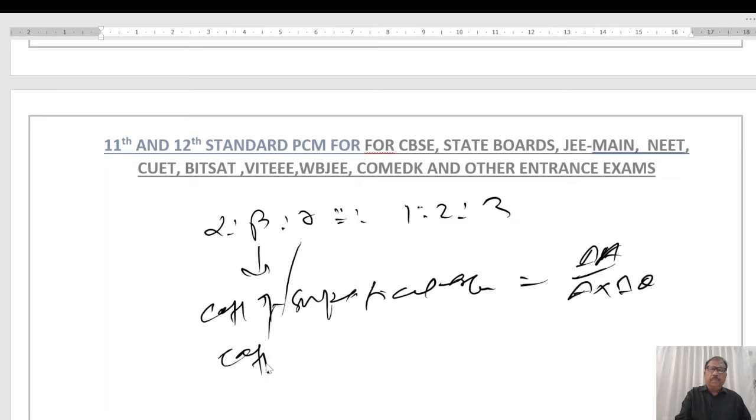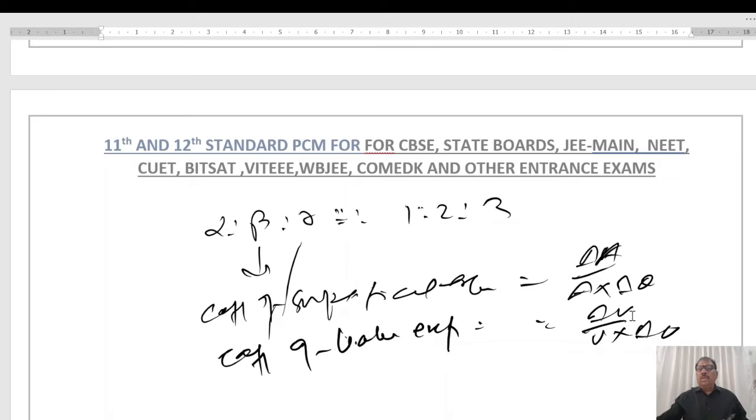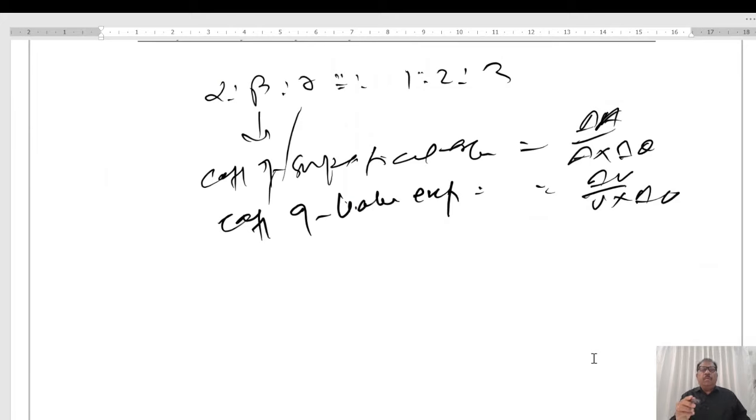Coefficient of volumetric expansion or cubical expansion, that is delta V upon V into delta theta. Ratio is this. This is for liquids, gamma R equal to gamma A plus gamma G.